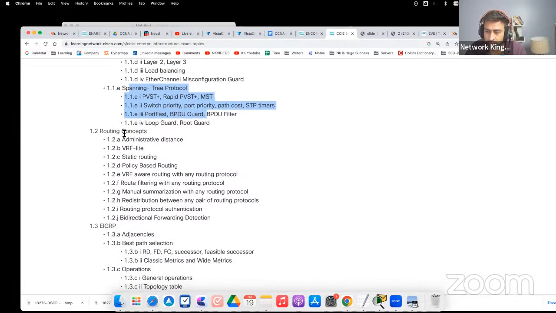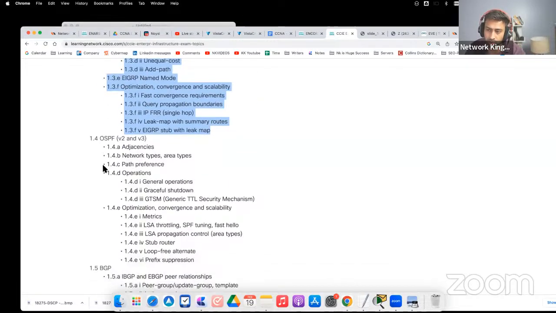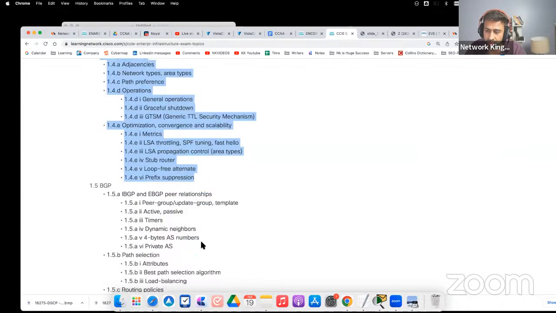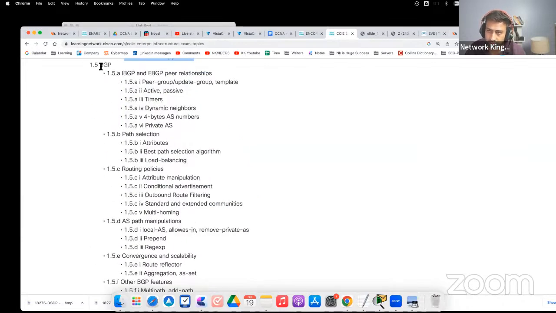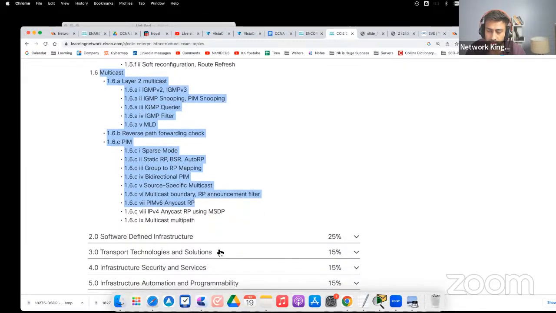Then we understand about routing protocols like static routing and all. Then we understand about EIGRP, all the topics of EIGRP. Okay, so EIGRP, OSPF, all the topics of OSPF. Then we understand about BGP in detail. So this is what covers under ARC. This is the multicast. This is what we are going to cover in Encore.